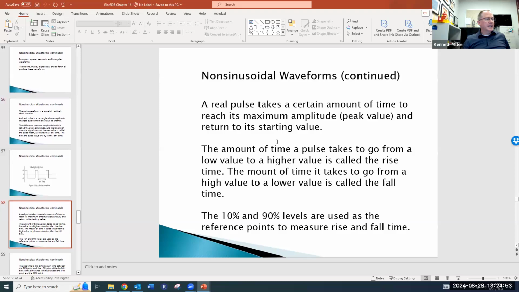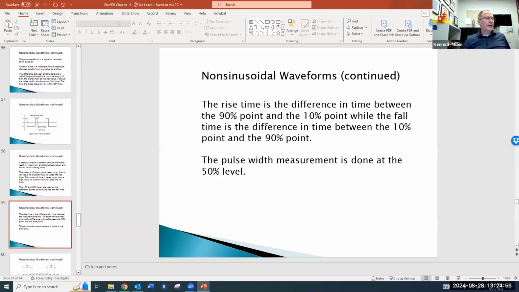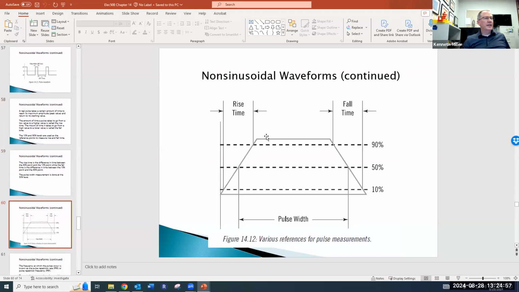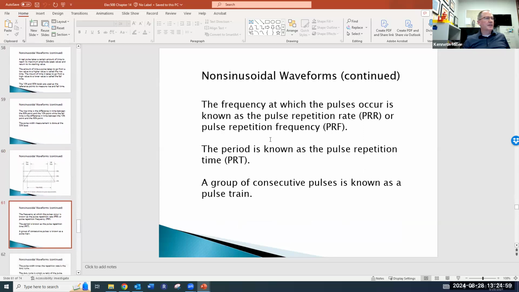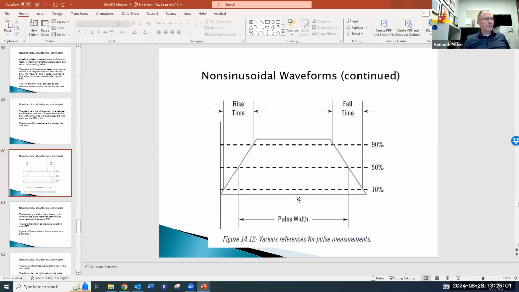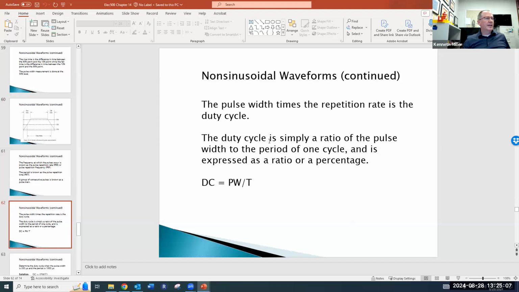So the way we can calculate that is we can measure the rise time and the fall time as a percentage. And the calculation for that is the DC or duty cycle is equal to the pulse width divided by the time.